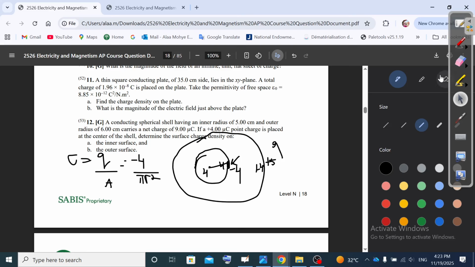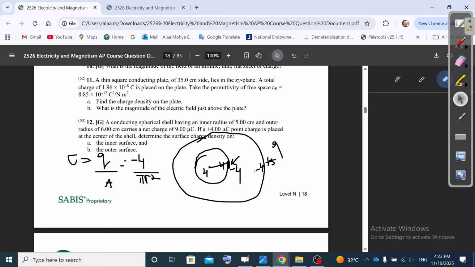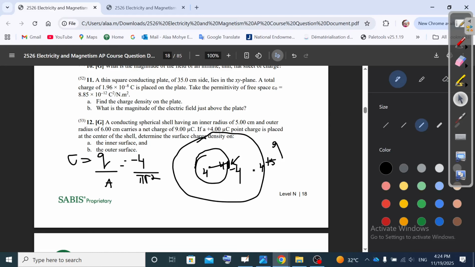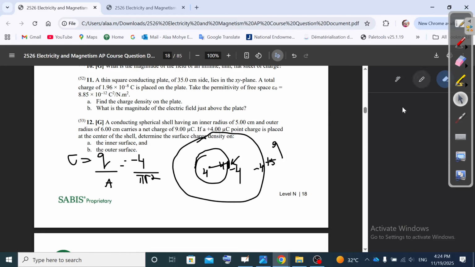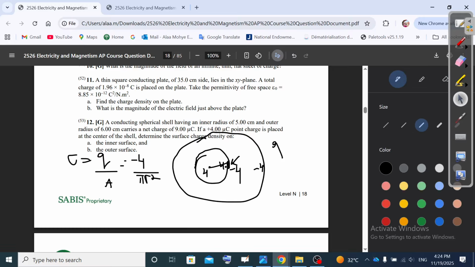Wait, I made a big mistake. Here it's a minus 4, I just noticed, okay? Because as we said, using the same logic, if here is 4 in the center, then here is minus 4 on the inside, and here is x. So minus 4 plus that x will give you the total net charge, which is 9, so the x is 13, okay?